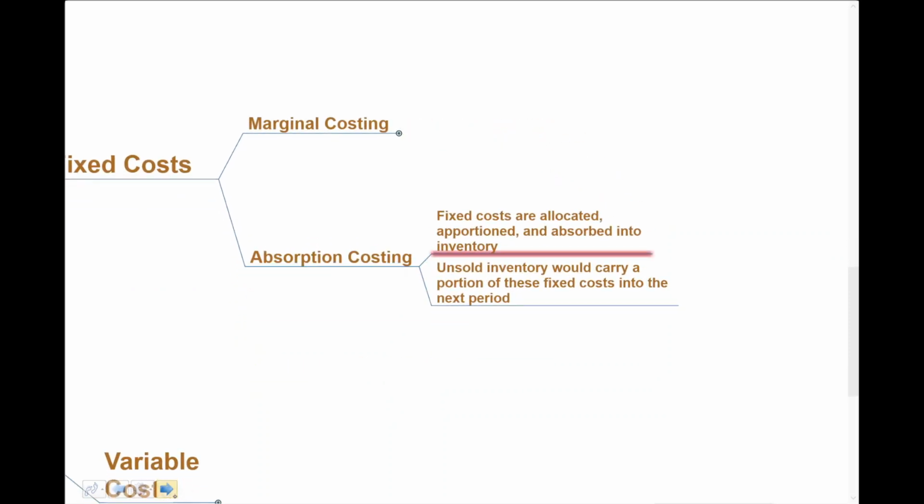Let's take a look at absorption costing. So clearly, fixed costs are allocated, apportioned, and absorbed in some way, shape, or form using an absorption rate into inventory. I'm talking about stock. I'm talking about raw materials.